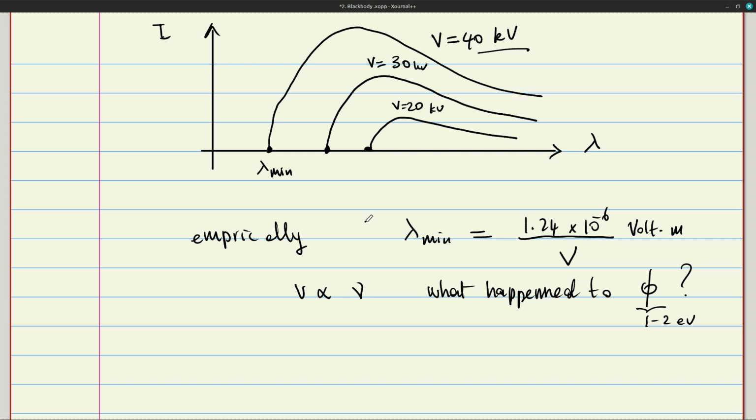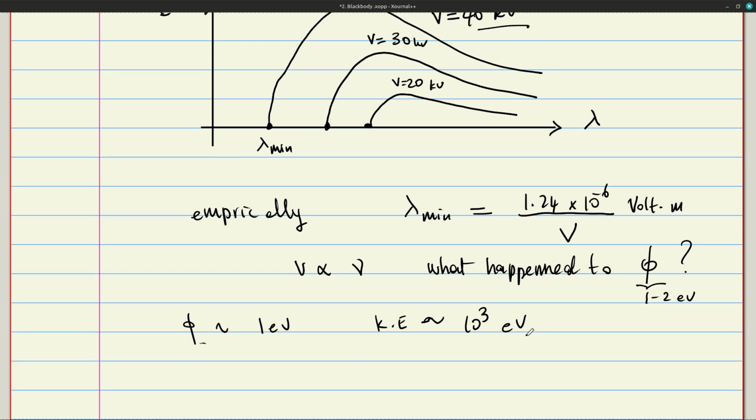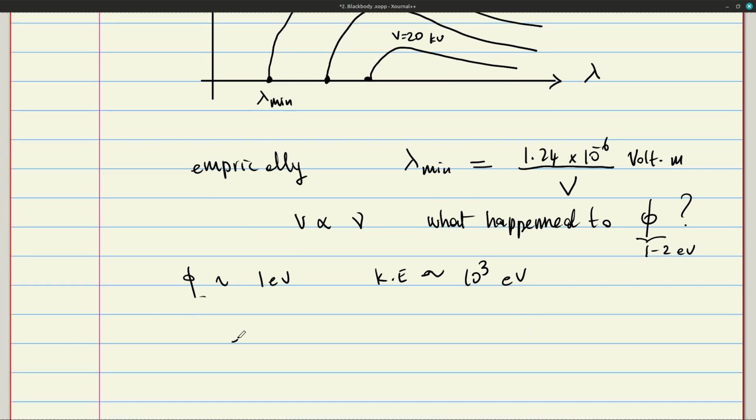So phi is of order of 1 eV, whereas here the kinetic energy of electron is of order of 10 to the 3 eV. So you can forget about work function. Then what we have, from the photoelectric effect, is E times V equal to h times nu max in the Einstein experiment.